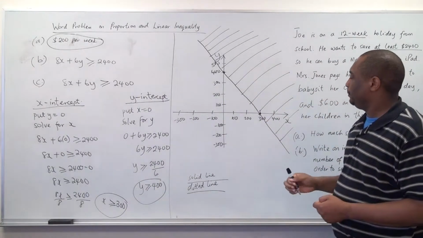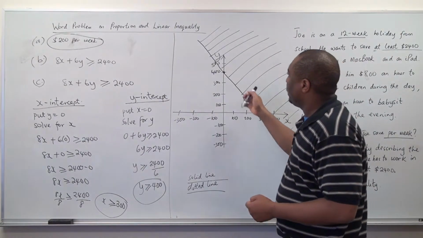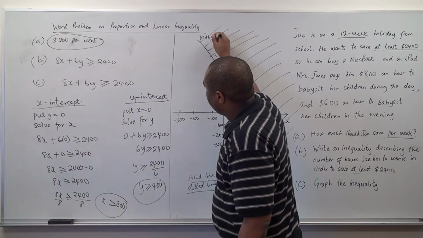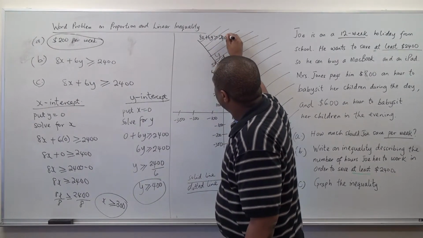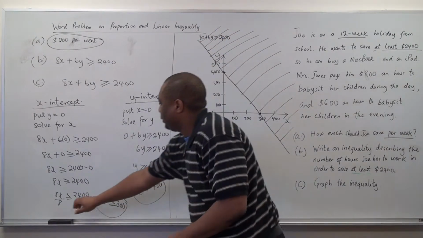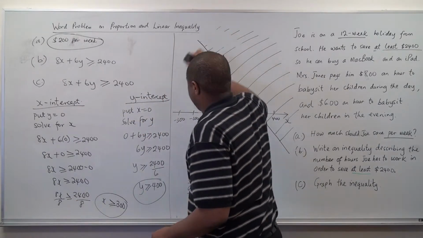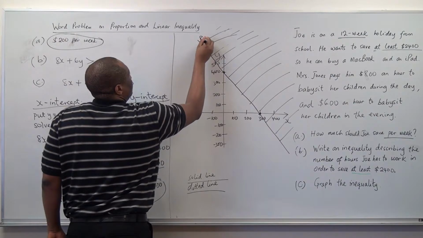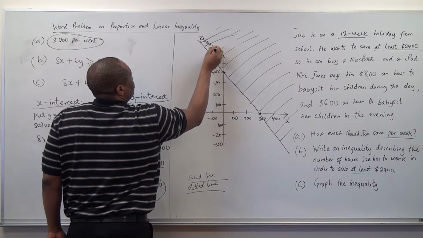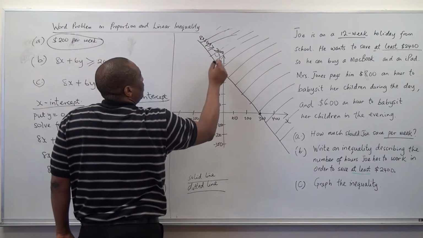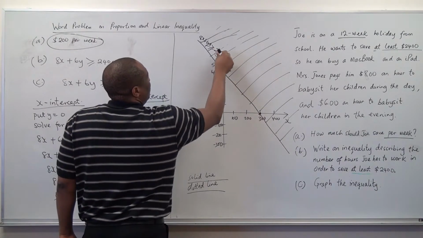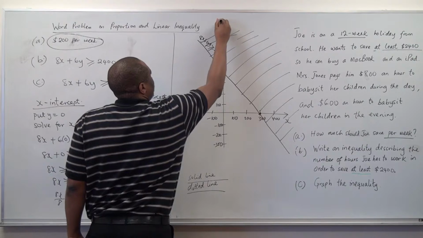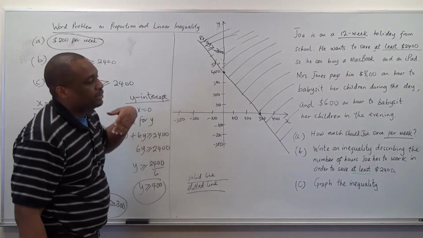And then on top of it, I can write 8x plus 6y greater than or equal to 2400. You can write it on top. You probably would want to raise this one up more.